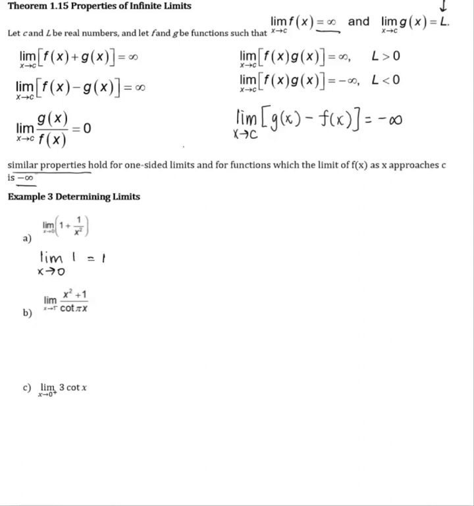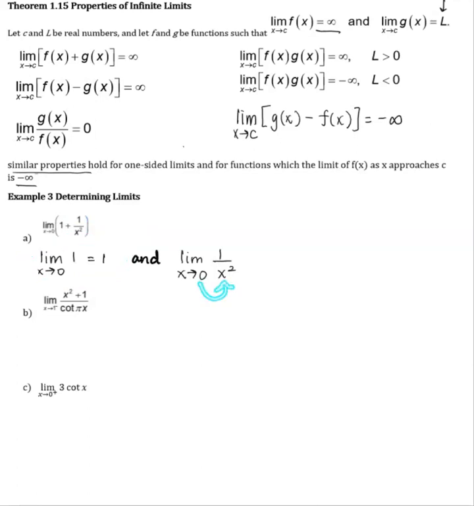And then let's look at the limit as x approaches 0 of 1 over x squared. So I've broken this up into just the 1 and then the 1 over x squared, and we're going to look at these two individually. The 1 is just a constant, so that's how we know that its limit is just 1.